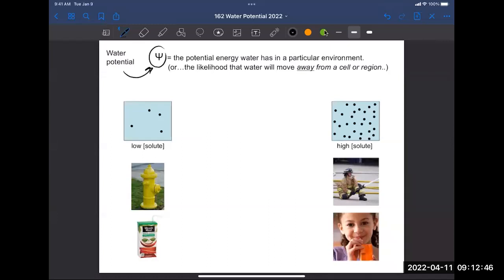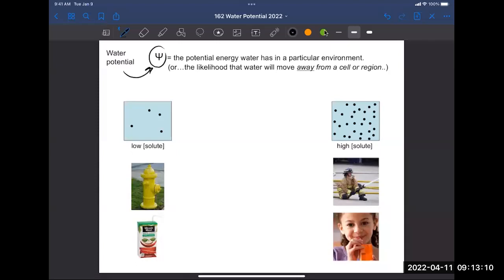And the definition that you'll see in the book is water potential is the potential energy water has in a particular environment. Okay, potential energy, I know what that is, right? That's like a battery or something like that, or a chemical bond like in ATP. That has high potential energy. I kind of understand that concept, but what does that mean in terms of water?